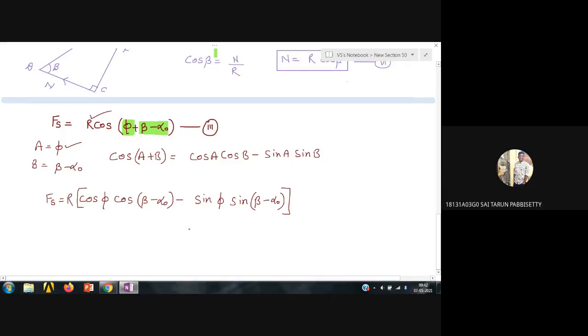Okay. So multiply that R inside. Fs will be R cos phi cos(beta minus alpha naught) minus R sin phi sin(beta minus alpha naught).